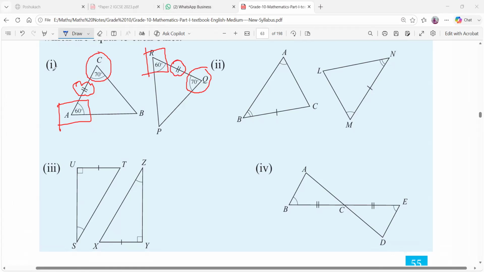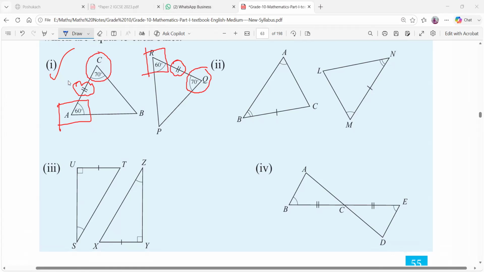So it should be congruent. Why? There are two angles with one side in between. It is congruent.